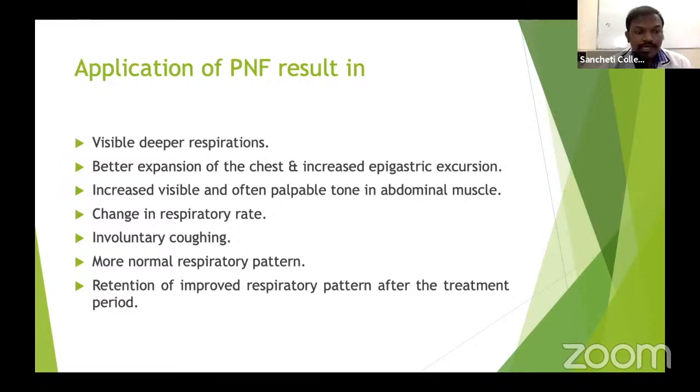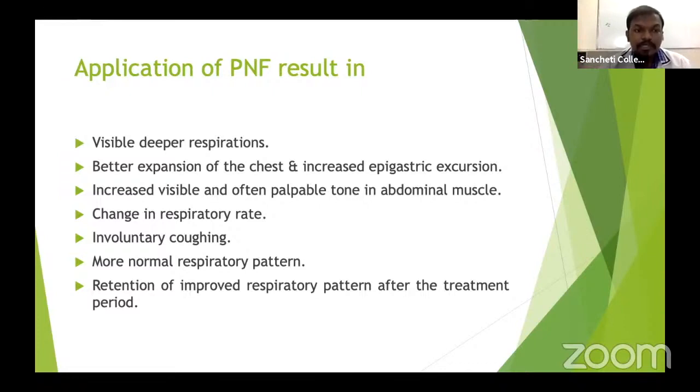Then we can see better expansion of the chest, as well as increased epigastric excursion. So epigastric excursion will increase and we can see good chest expansion in the patients.